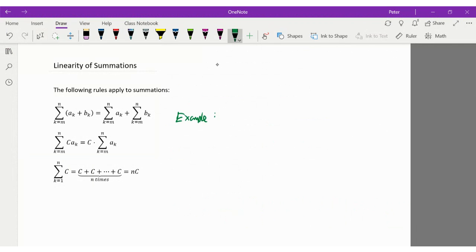If I want to find the sum from k equals 1 to 3 of k squared plus k, that's going to equal the sum from k equals 1 to 3 of k squared plus the sum from k equals 1 to 3 of k.